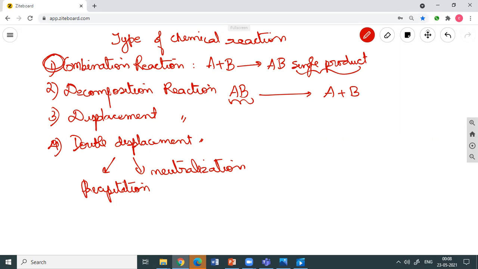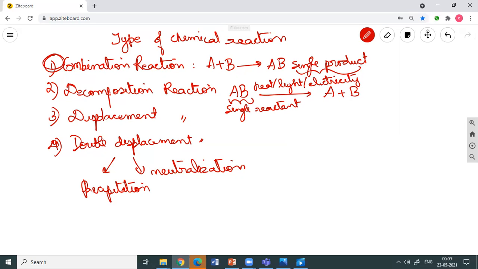It has to take place in the presence of heat, light, or electricity, children. So whenever you see a single reactant, it indicates that it's a decomposition reaction.